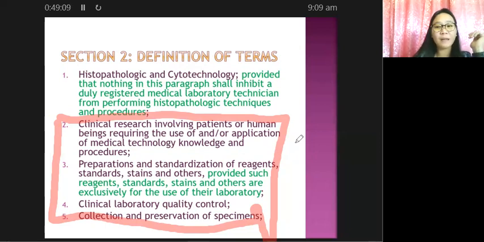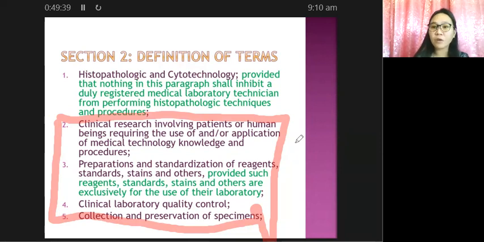It's not only for medical technologists. Other professions can also perform this. For example, clinical research. Is it an exclusive job of your medical technologist? No. As long as you are allowed by your profession and by existing laws here in the Philippines to perform clinical research, then by all means, perform clinical research.